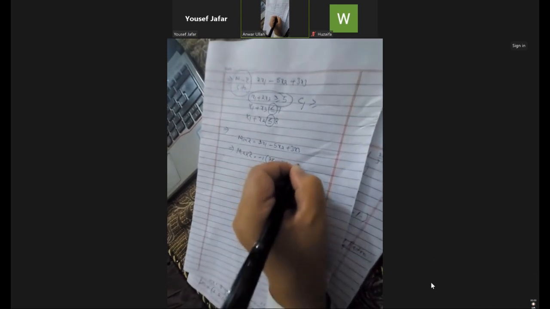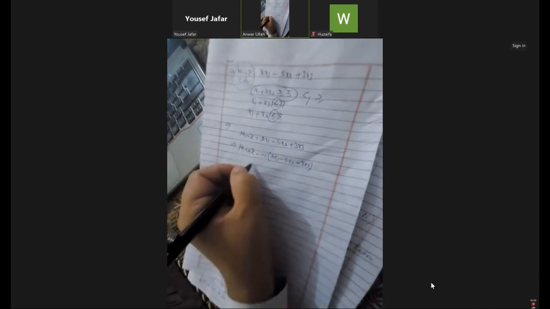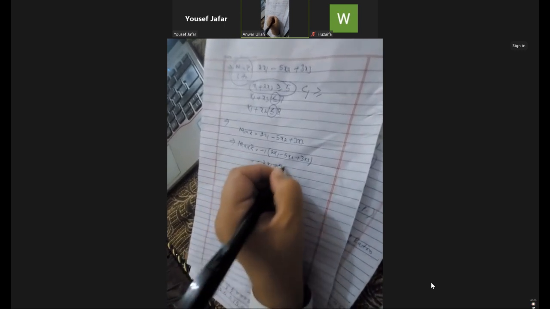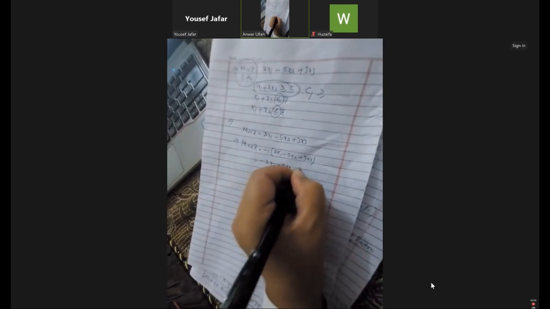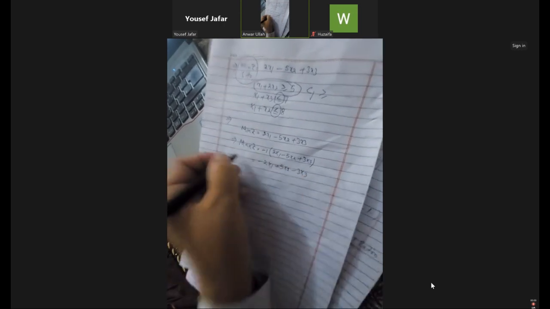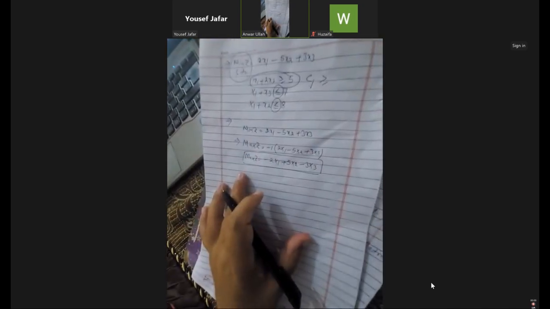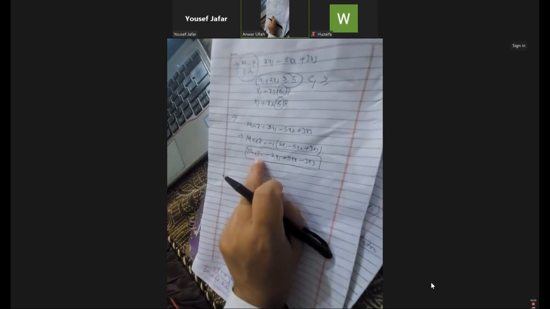So -1 into 2x1 minus 5x2 plus 3x3 will become minus 2x1 plus 5x2 minus 3x3. So this will become a maximization problem, and the objective function coefficients will be converted like this.